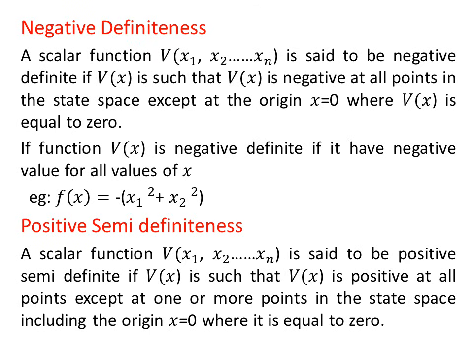And next one, what is positive semi-definiteness? Consider a scalar function v of x. This v of x is positive at all points except at one or more points in the state space. That is, at x equal to 0 the function v of x is 0, and at any other point v of x becomes positive.